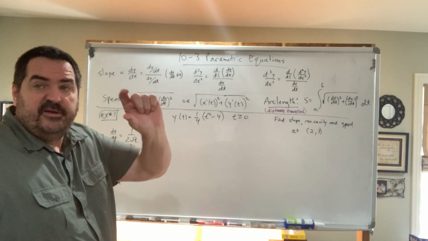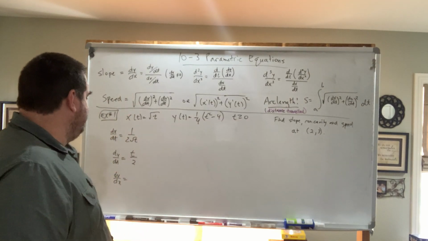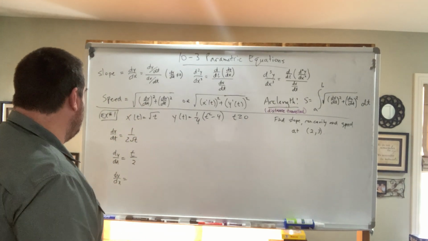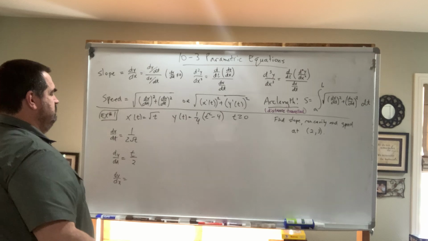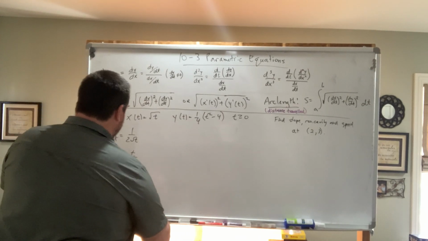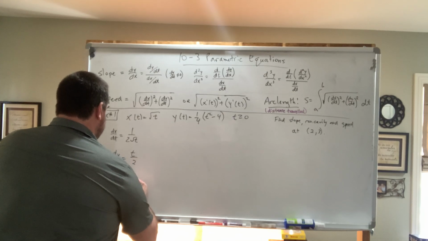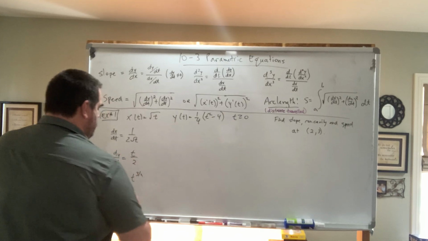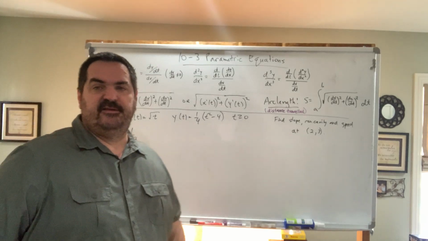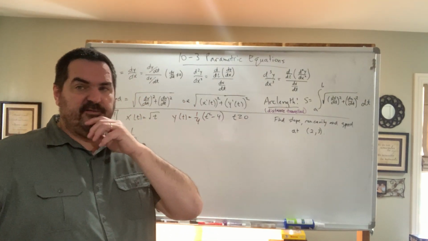Slope, remember, is dy/dt over dx/dt. So I get t over 2 over 1/2 radical t. That's going to give me t to the 3/2. So now I have the slope at all points, t to the 3/2.